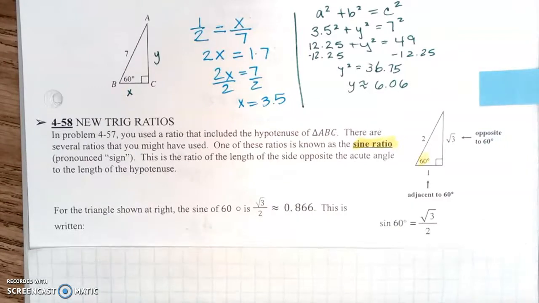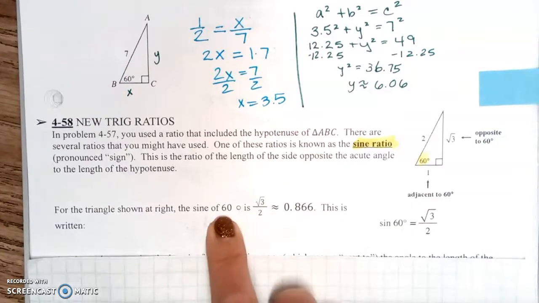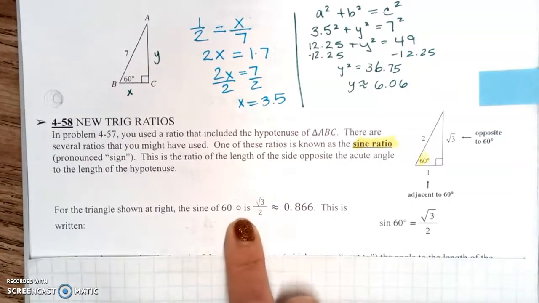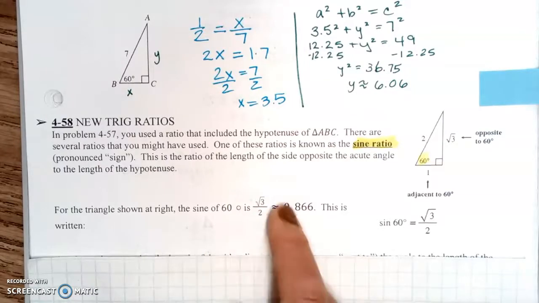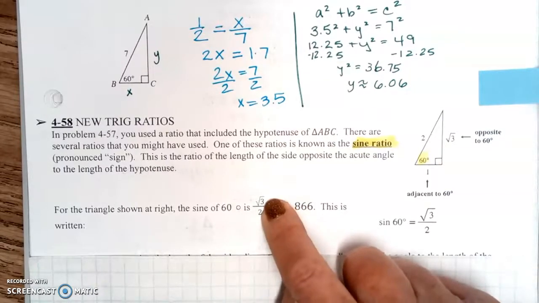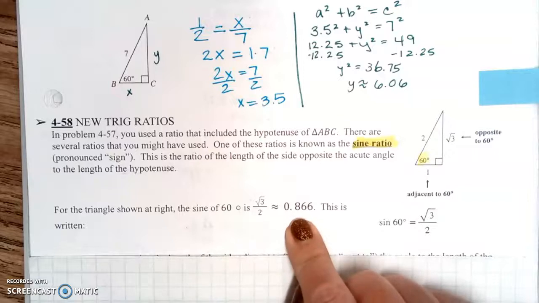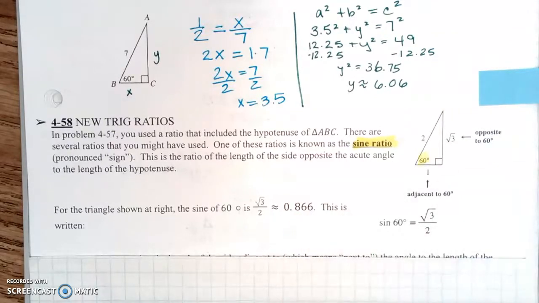Okay? So for the triangle shown at right, the sine of 60 is going to be equal to the square root of 3 over 2, and you're going to punch that into your calculator and get approximately 0.866. Okay?